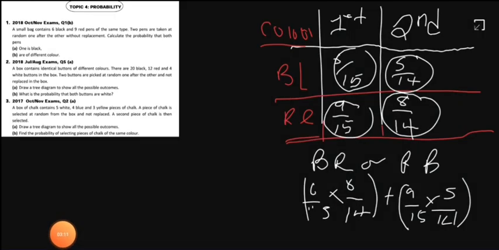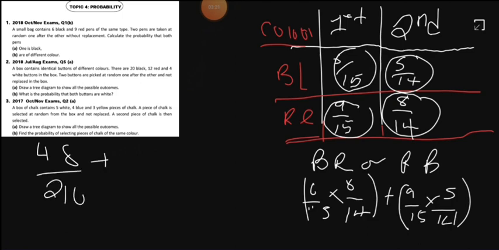So this is the same as 6 times 8, that is 48 over 210, plus 9 times 5, that is 45 over 210.